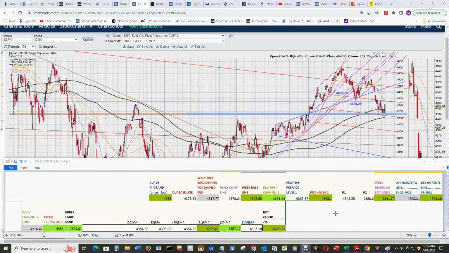So it has a couple of major hurdles to get past, and this pitchfork 2 level, 4333.10, is the first one to get above, and that would be a major move. And I would say that we are headed up to test that bottom of the cloud 26 bars back concerning the lagging line.